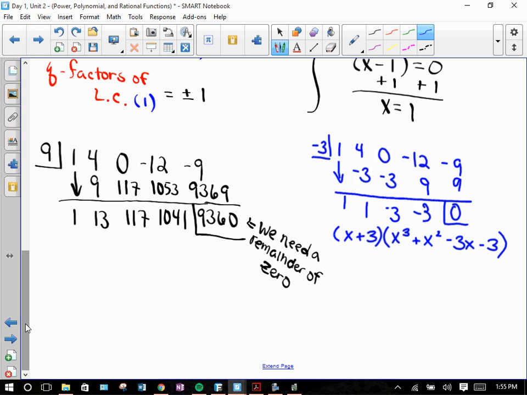So I have -1, and then I'll take these coefficients. So what coefficients do I use? 1, 1, -3.